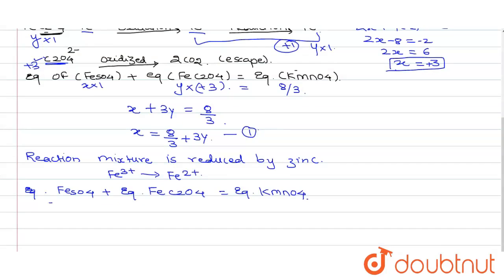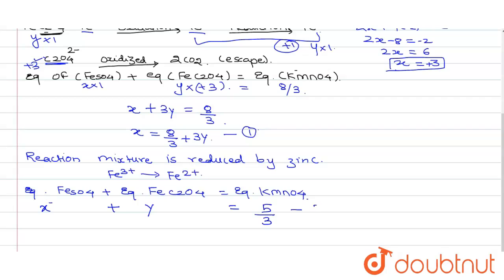So, for FeSO4, mole I am considering as x, so x into 1 is x. Here, for equivalent of FeC2O4, the mole of FeC2O4 I'll consider as y. Y into 1 is y, which is equal to 5 by 3, as already given in the question.